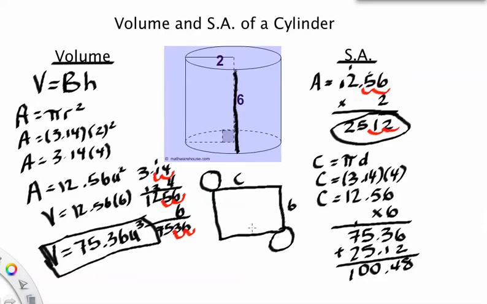So the total surface area of this cylinder, SA, equals 100.48. Anytime I talk about area, we go back to units squared. Units squared. I'll box this answer up because it's a final.